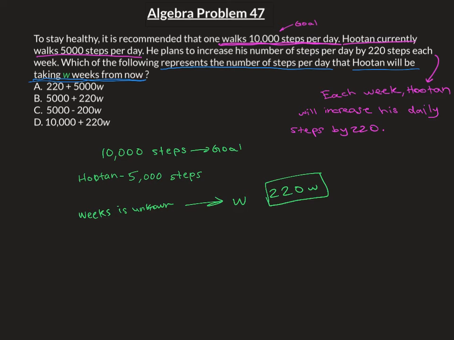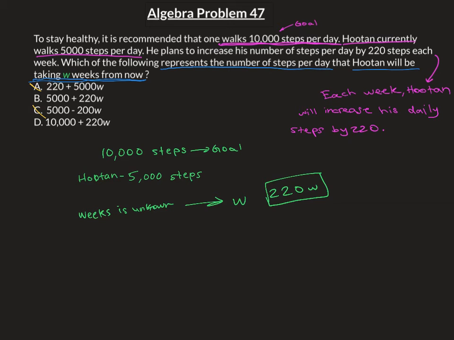Now, we've already found that our equation is going to include 220W. That means we can cancel out A and C. Now, we're left with 5,000 plus 220W and 10,000 plus 220W.